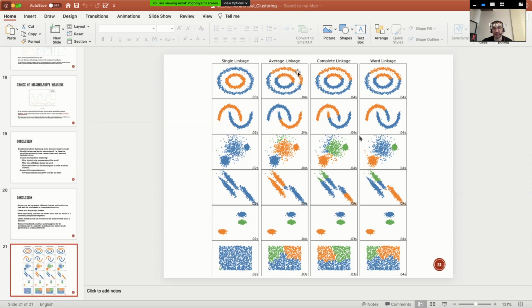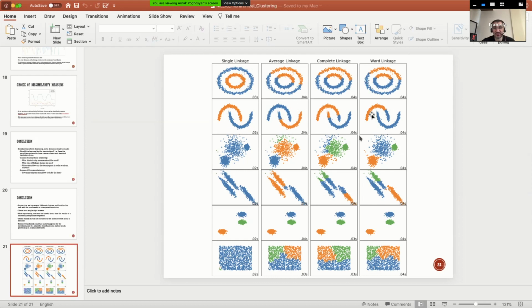They are trying to cut clusters that have convex shapes, something like blobs, while for single linkage it is not important. That is why single linkage is working better. We mentioned that single linkage can work when the data is non-globular, and this is just an example of non-globular data. That is why single linkage is the only one working here.